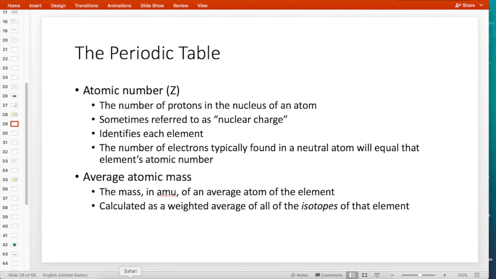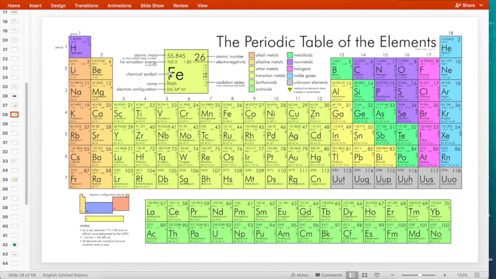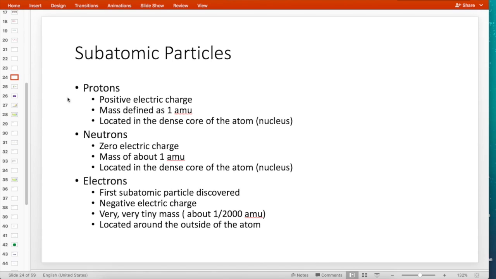Because it turns out that even though all iron atoms have 26 protons, they can have differing numbers of neutrons, which will make their mass be different. Remember, where do atoms get their mass from? Well, remember our subatomic particles.